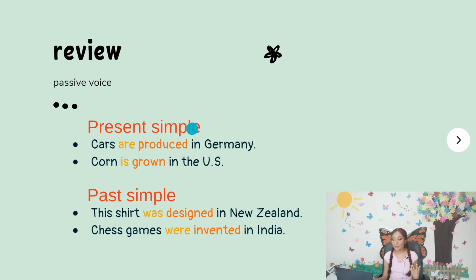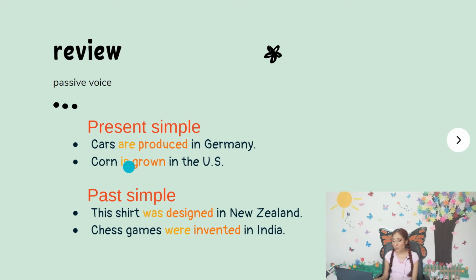In this case, if our sentence is in present simple, the verb to be needs to be also in present. The main verb needs to be in past participle. Remember the charts that I showed you that you needed to learn and practice those verbs? You're gonna need this vocabulary, okay?